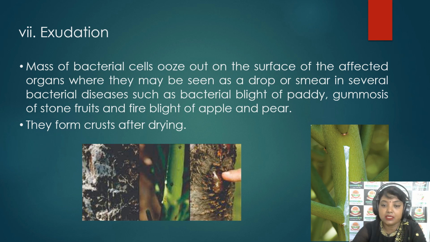Some liquid secretion, the bacterial ooze, comes out from the plant parts or fruit, and after drying it forms a hard crust around them. That is called exudation.